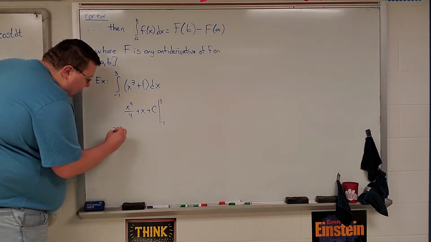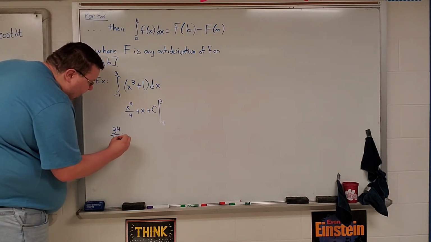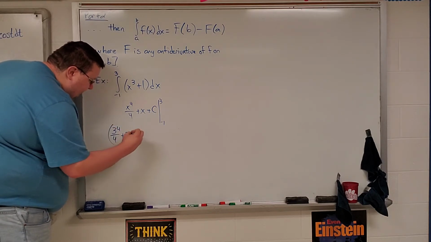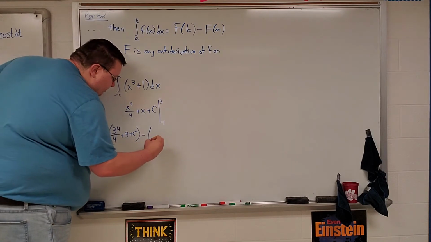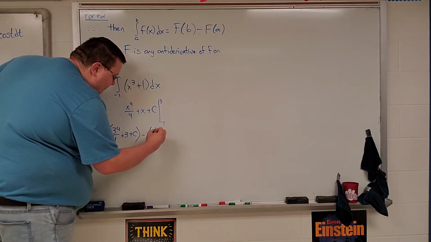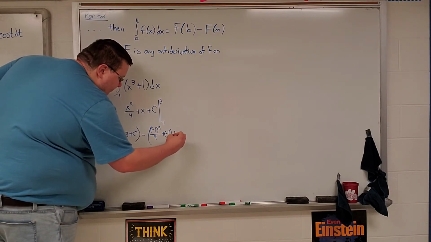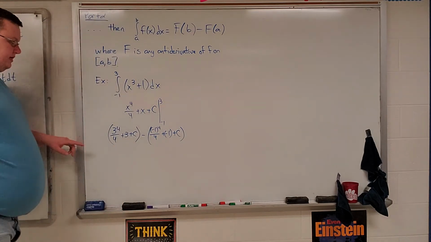So I'm going to do 3 to the 4th divided by 4 plus 3 plus c, get an answer, and then over here, I'm going to do -1 raised to the 4th divided by 4 plus -1 plus c. We're going to subtract our answers.